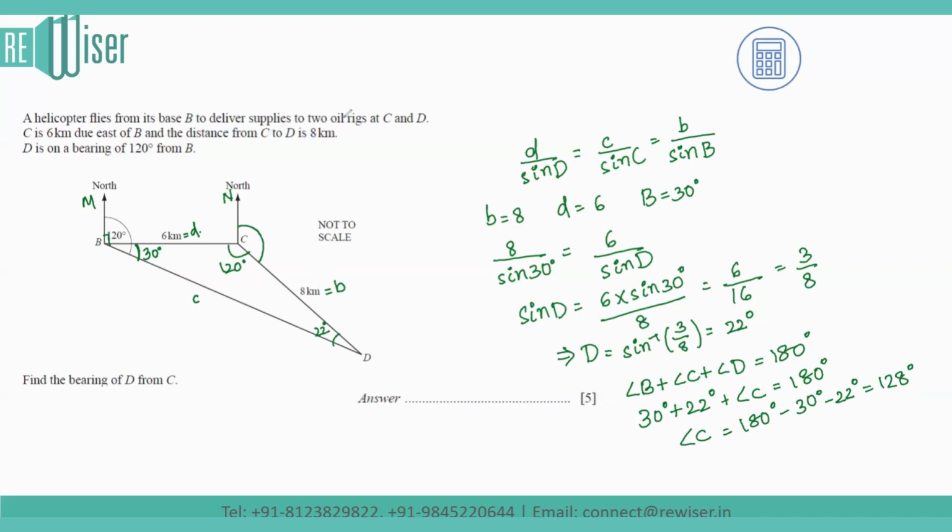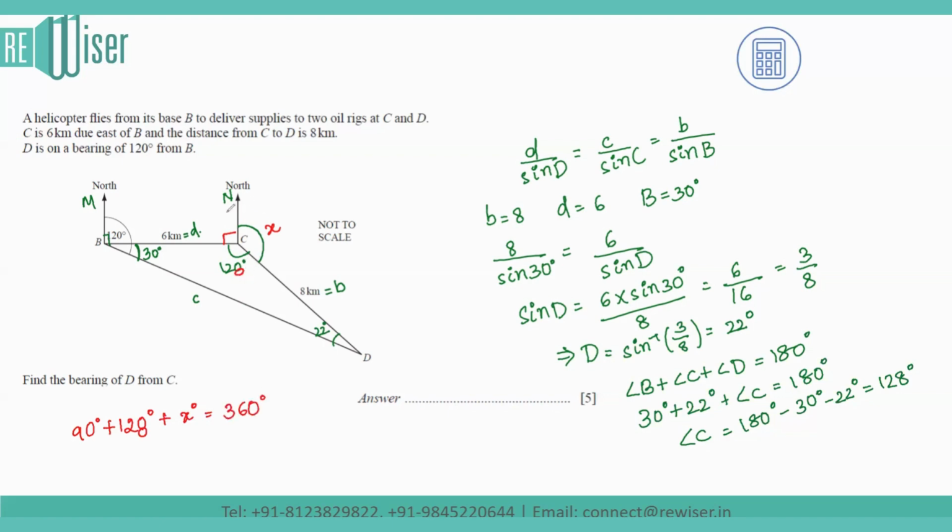Now, let us suppose the bearing from C to D be x. Let this be x. Now, we know that the sum of the entire angle of revolution is 360 degrees. Therefore, 90 degrees plus 128 degrees plus x degrees is equal to 360 degrees.